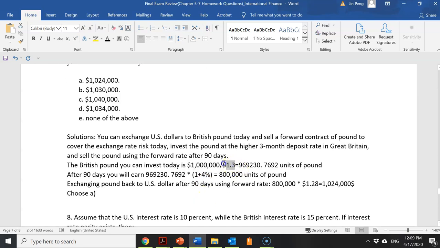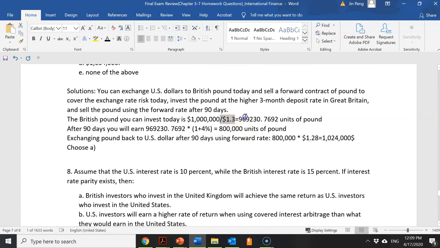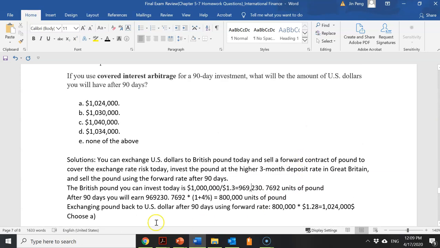Divide by the current spot rate of the pound, $1.3. So you would have 969,230.7692 units of pound exchanged from this $1 million.